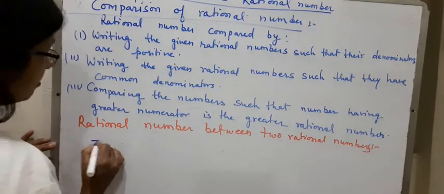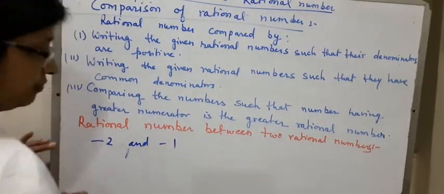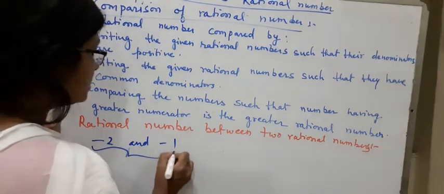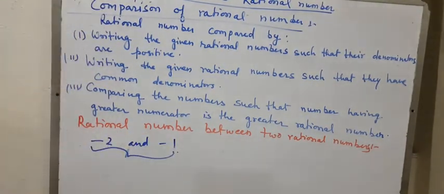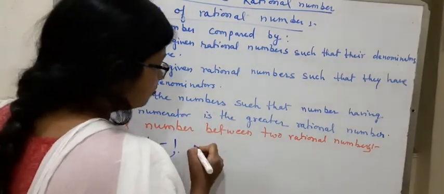For example, -2 and -1. To find rational numbers between these two, two methods are there.